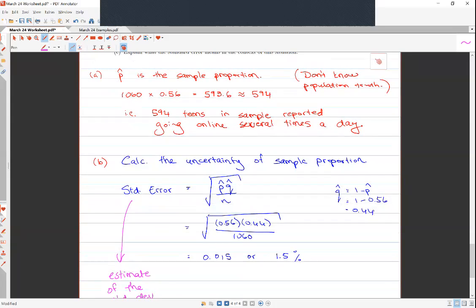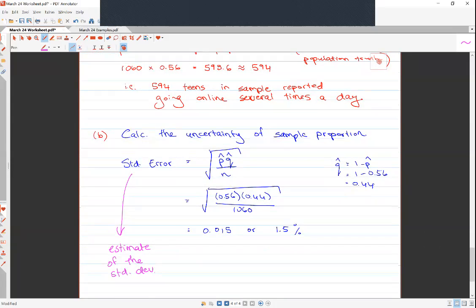So our sample value is 56%. The standard error of 1.5% tells us that's kind of a typical variation between the truth and the sample value. So we would reasonably expect to be within 1.5% of the true value.